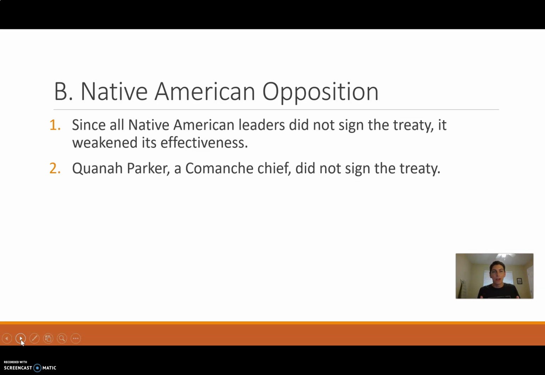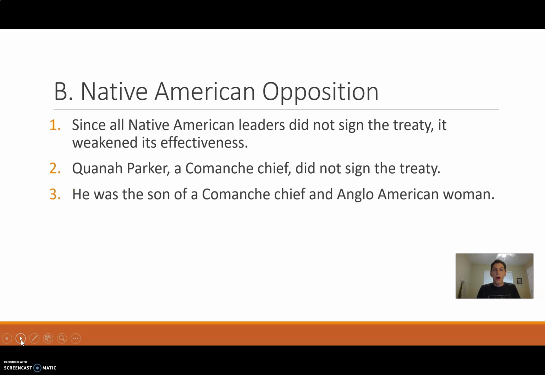In fact, Quanah Parker, while he was a Comanche, he was half Anglo-American, half Comanche. It was his mother who had been an American settler that was captured as a young woman and then assimilated into the Comanche lifestyle, married into the tribe, and eventually gave birth to Quanah.